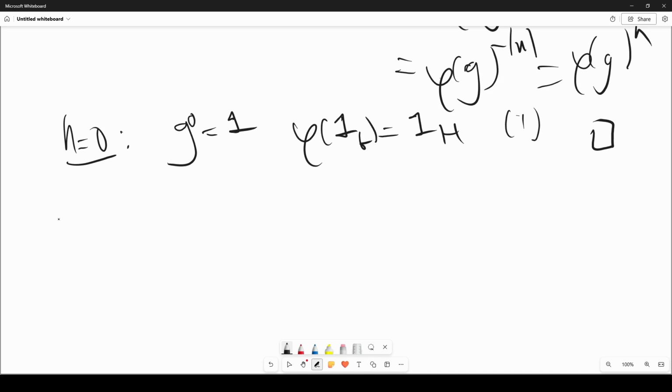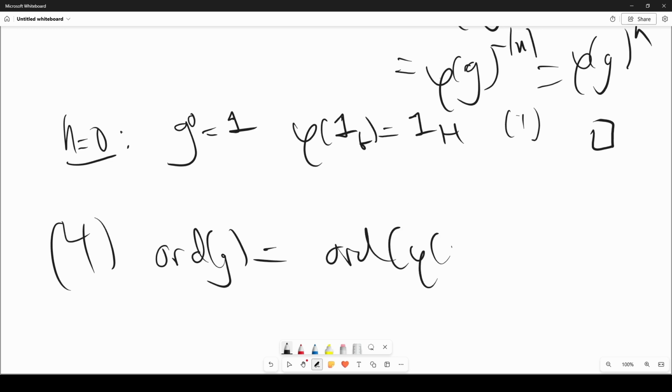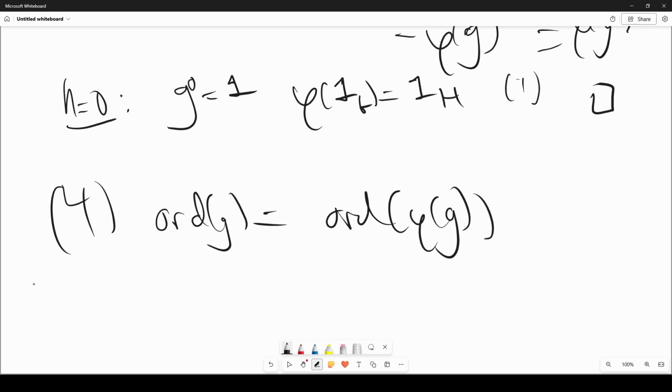Okay, last property. We want to prove that the order of g equals the order of phi of g. So recall that, let's just first let n equal the order of g and m equal the order of phi of g for some g in G. Recall that n is the smallest positive integer such that g to the n equals 1_G, and m is the smallest positive integer such that phi of g to the m equals 1_H.